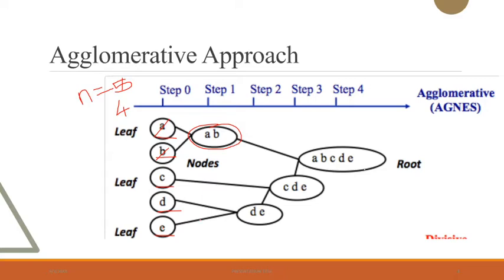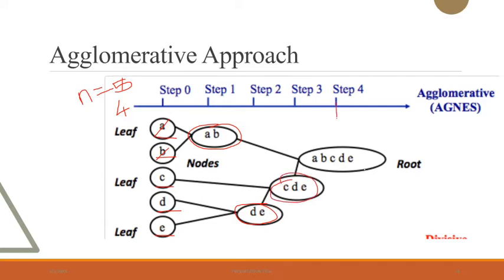In the next step, we merge object D and object E as they are close to each other. So this forms DE as a single cluster. In the next step, we merge C with the cluster DE into a single cluster CDE.